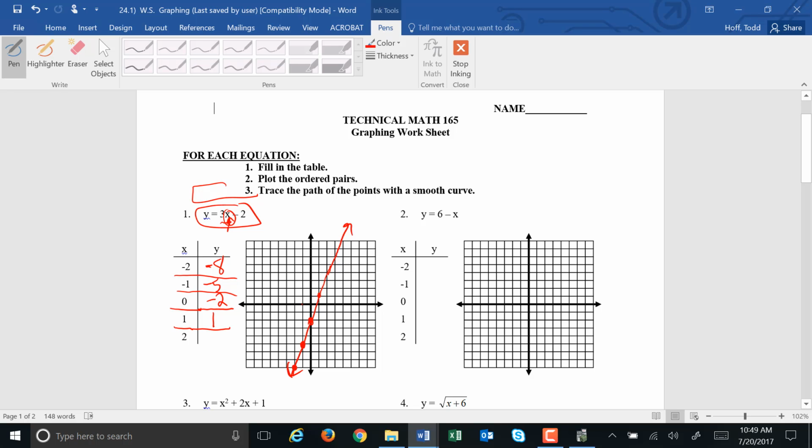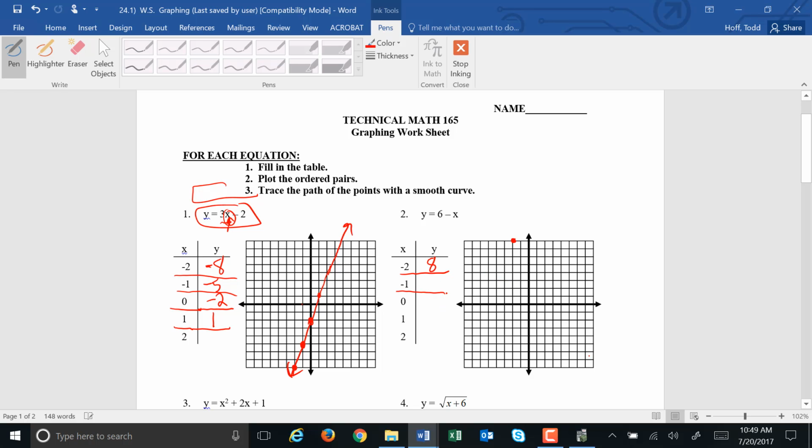The next one over here, same type of thing. Y equals 6 minus x. If x is negative 2, what is 6 minus a negative 2? Careful. 6 minus a negative 2 is 6 plus a positive 2, or 8. So you got negative 2, 8.